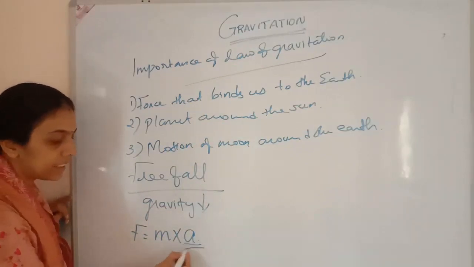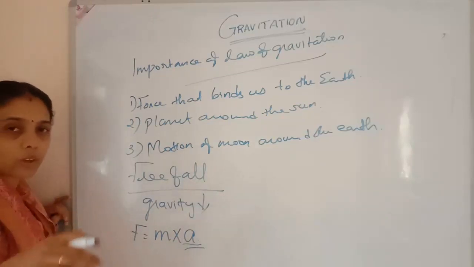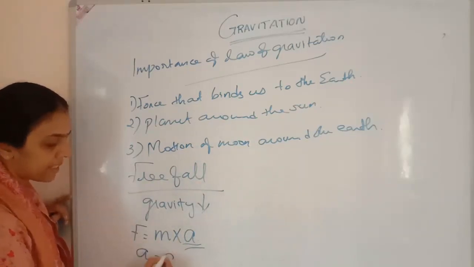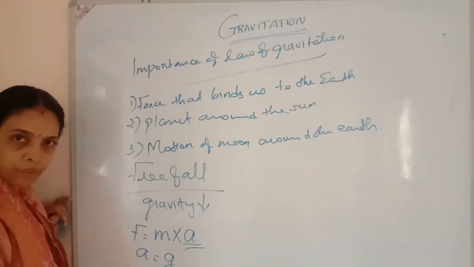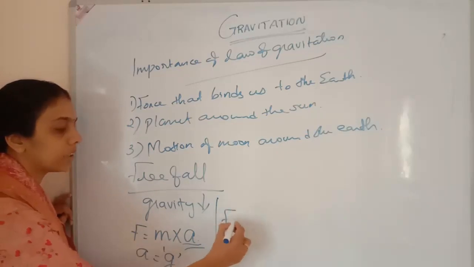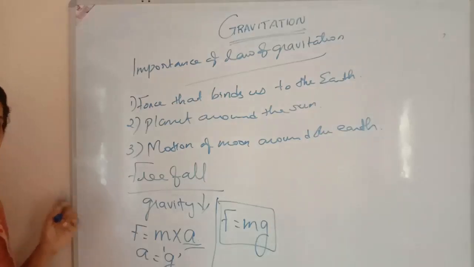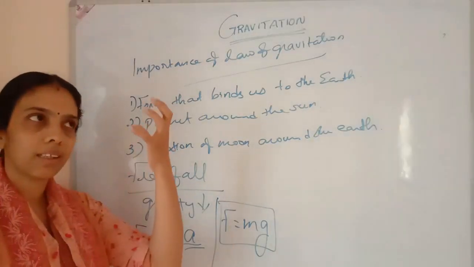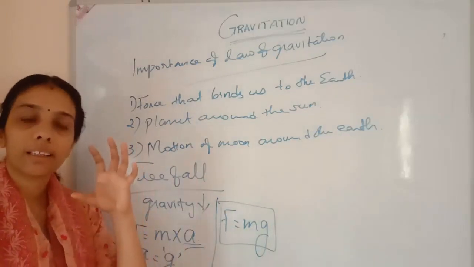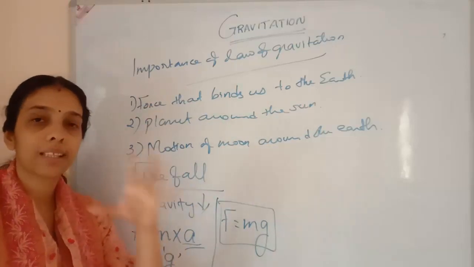Here the acceleration will be the acceleration due to gravity because of the earth, represented as small letter g. So the force acting on that object will be mg. In free fall, the object is falling down with the help of Earth's gravity alone.